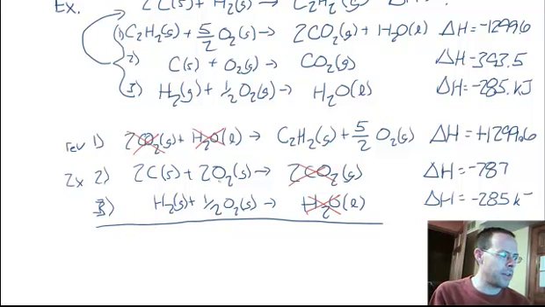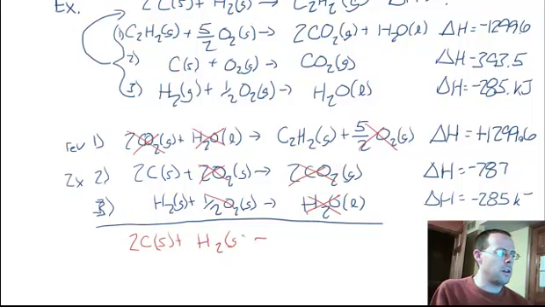I also have 2 moles of oxygen and a half a mole of oxygen, so that's 2.5 moles of oxygen, and 5 divided by 2 is 2.5, so my oxygens also go away. What I have left is 2 carbons as a solid plus hydrogen gas, and all of that yields C2H2 gas.